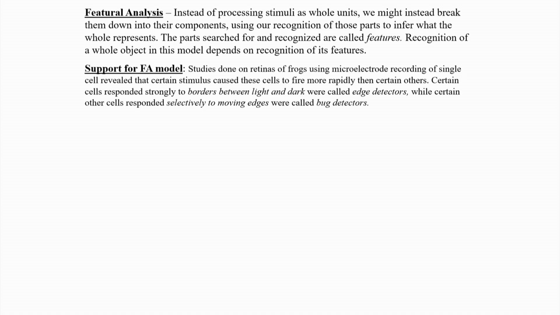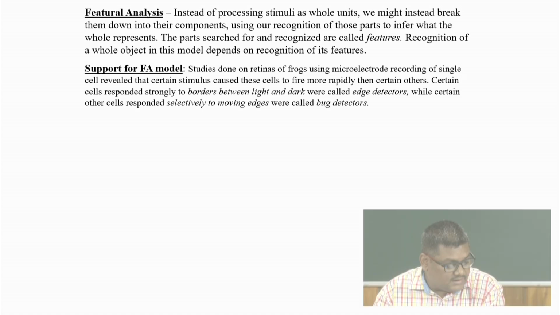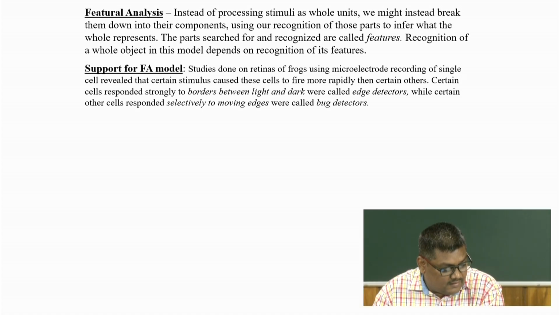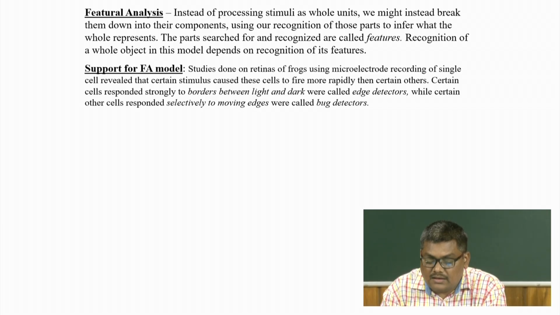There is several support out there for the feature analysis model. For example, the idea that the first step in perception is identifying features starts from work on the retina of frogs.